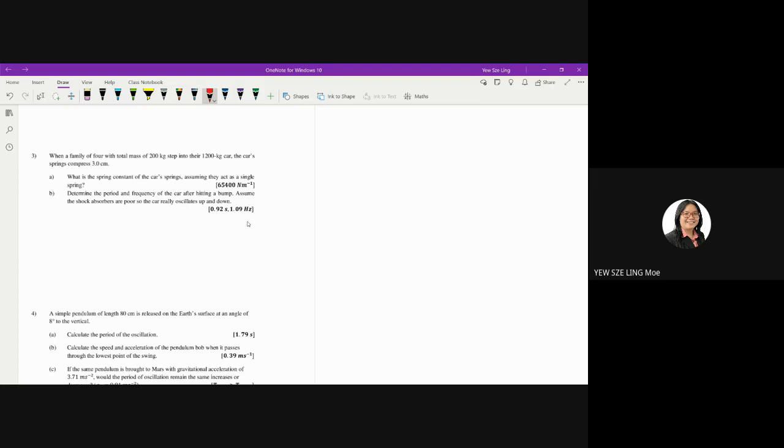So let's see. Initially, you have just a car, and then you step onto the car, and the spring is compressed by 3 cm. So you have X equals negative 3 cm, because now your vertical spring is being compressed. Initially this is a spring, and this is the mass of the car.